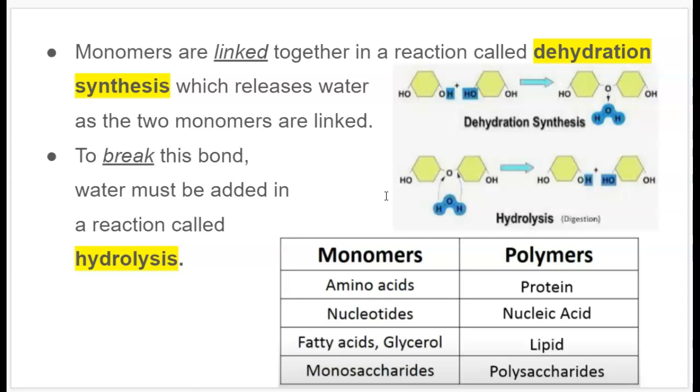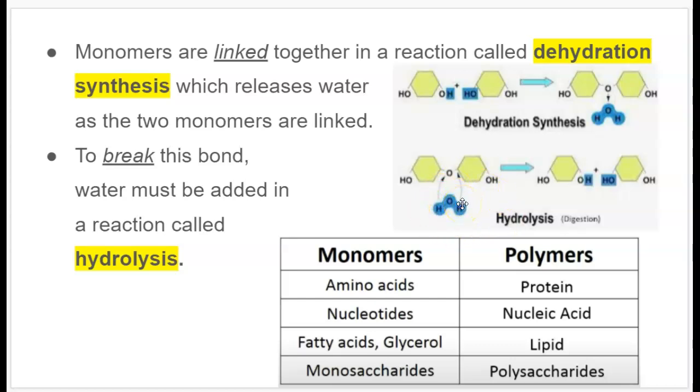Now, in order to do the opposite of that, if we want to break down a polymer into smaller pieces, into those monomers, then it's going to have to break that bond. Using this generic diagram here, we've got to make sure that the oxygen here and the carbon here have their outermost energy levels stable. Most of these processes that we talk about happen in cells, so these cells are using water molecules to do this.